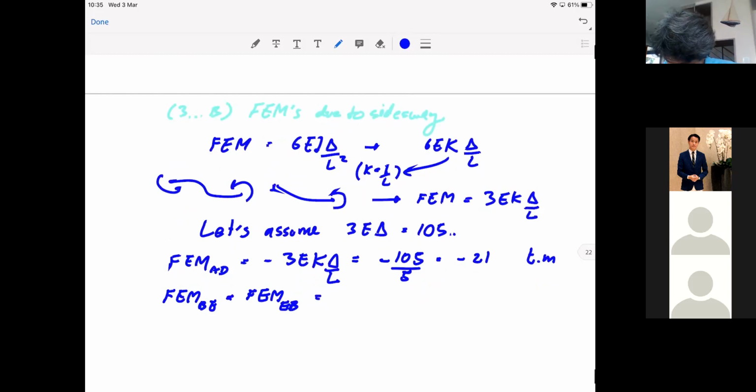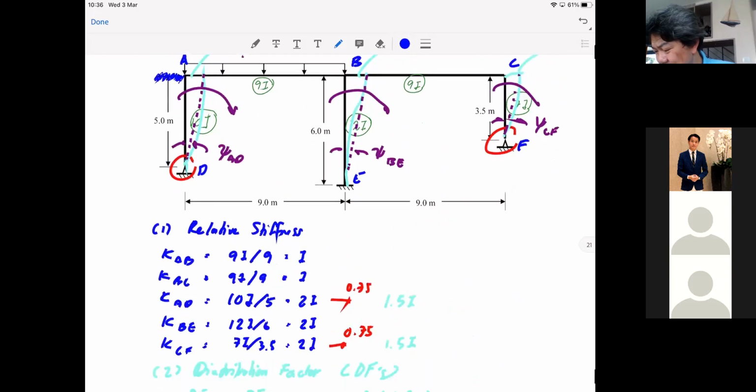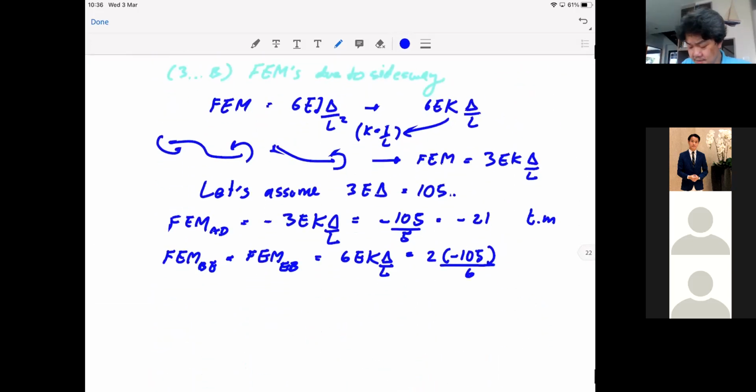It's going to be 6EK delta over L, which is equal to minus 2 multiplied by 105 and then divided by the length, which is 6. Okay.